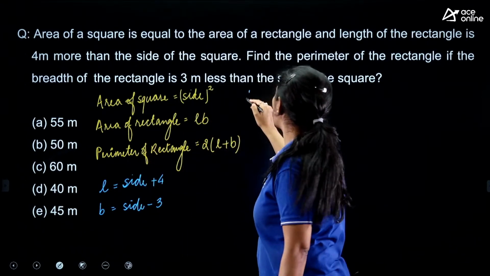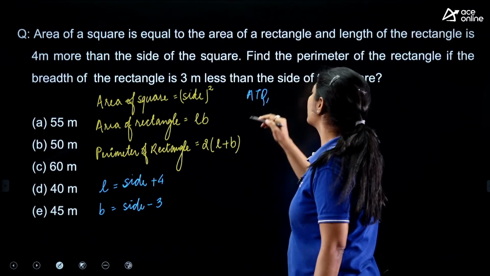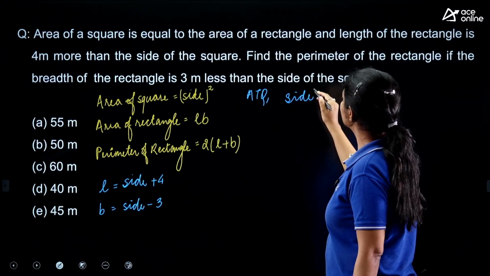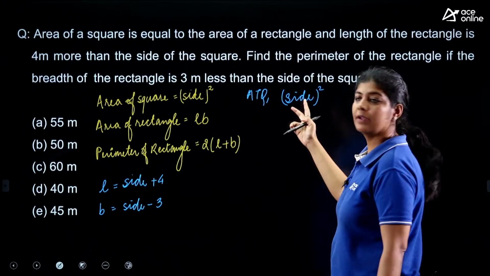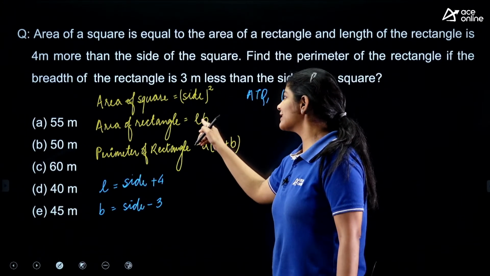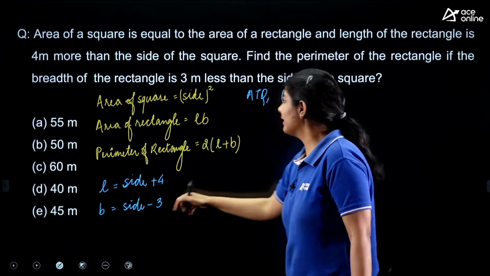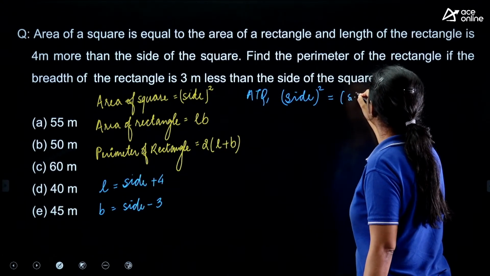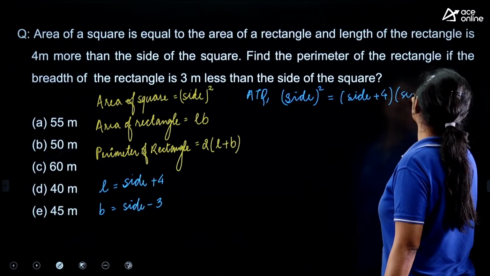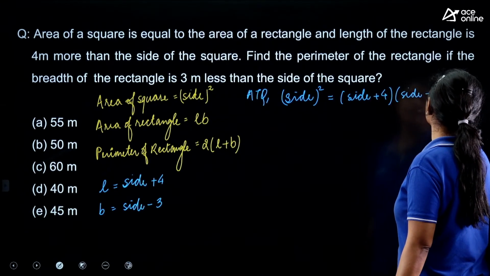So according to the question, the area of square, side squared, is equal to the area of rectangle. So we simply substitute the values of L and B over here. This is side plus 4 into side minus 3.